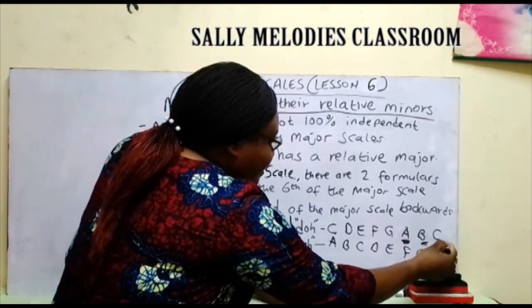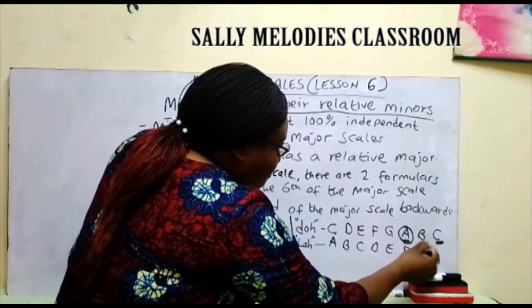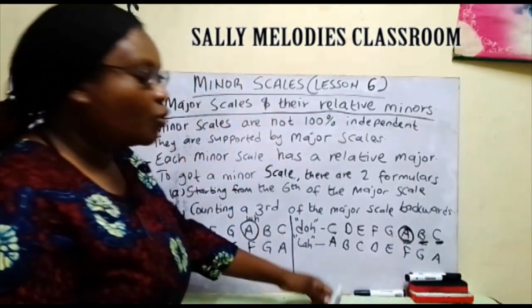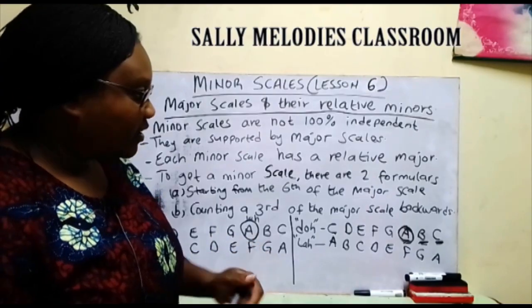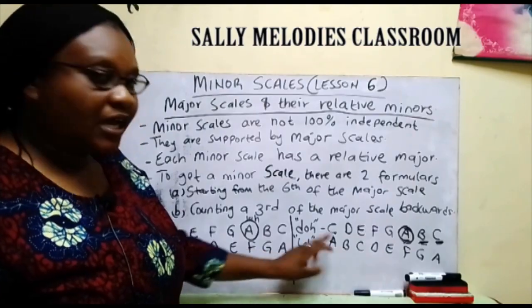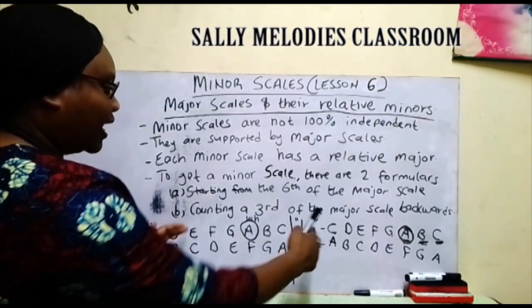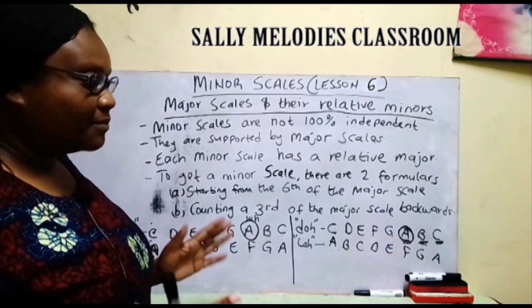So this is C, B, A. You go backwards 3 steps or 3 notes or a third. Then you take that A and place it here. So these two methods are recommended and they are allowed so that you can make work easier.